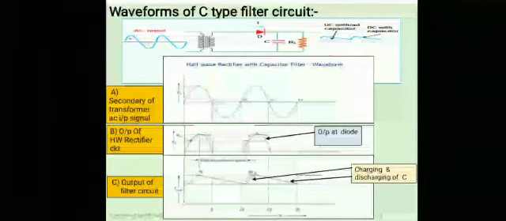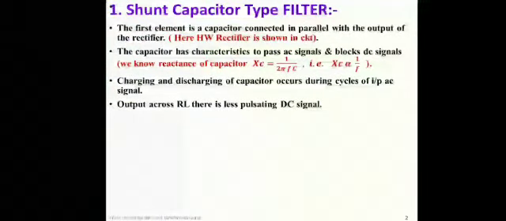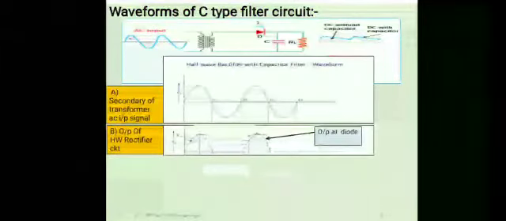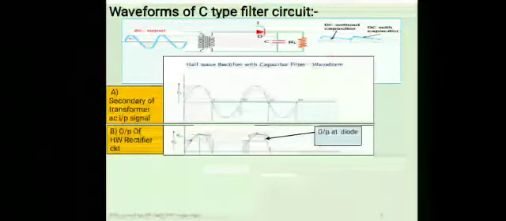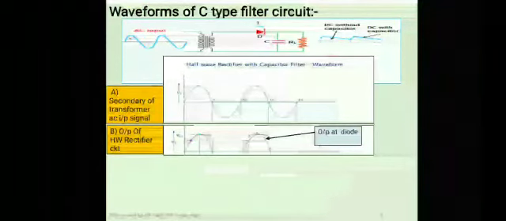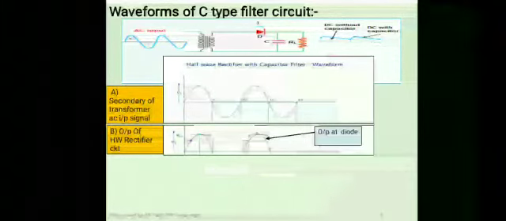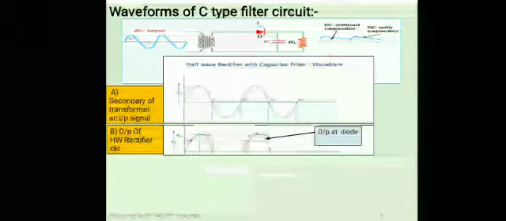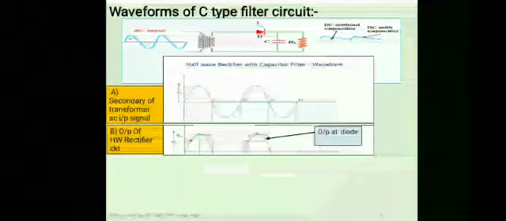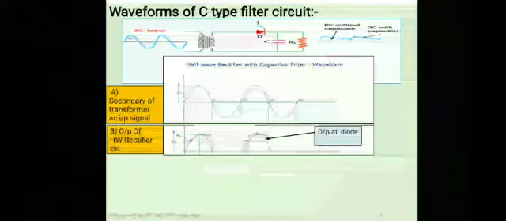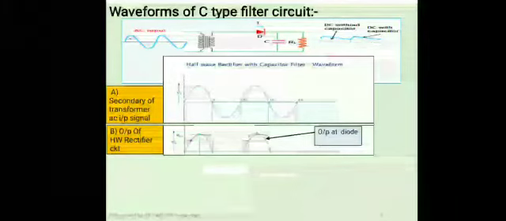Now the capacitor is again charged to the maximum value, so it has no discharging path through the diode, but the discharging path is through the load resistance RL again, and this discharging time is high. As I said, the load resistance value selected is so high, so again it discharges slowly, and as the capacitor discharges slowly during this time, the next positive half cycle appears and capacitor charging continues.